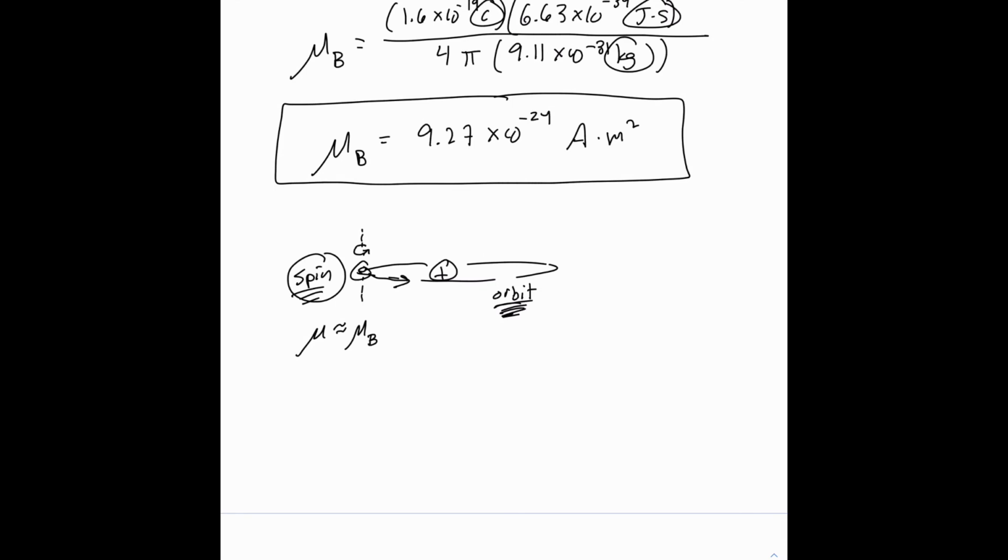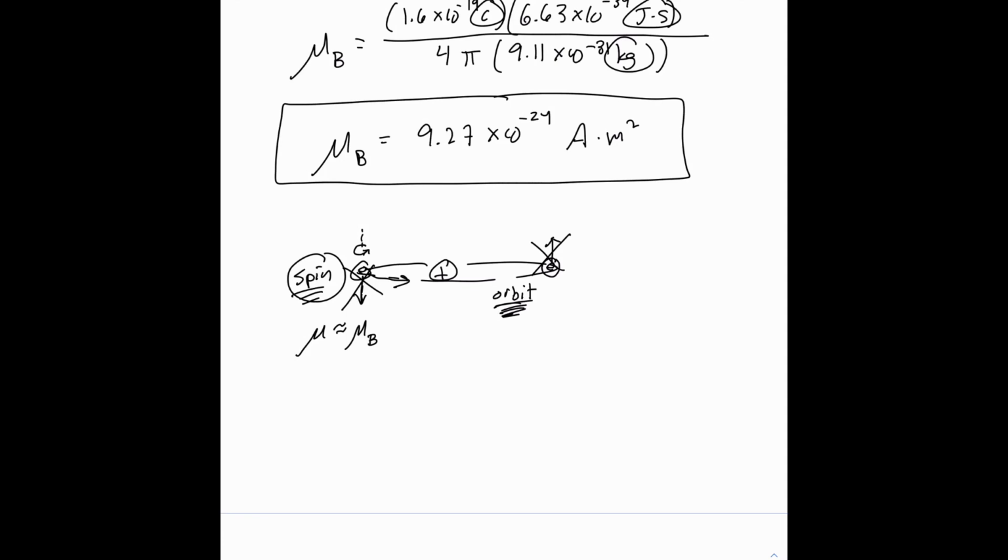However, you know this, that electrons, as they start to fill up shells in other atoms besides hydrogen, now they pair up, and an electron that has spin down will pair up with another electron that has spin up, and so the net effect is that there's no overall magnetic dipole moment due to the electron spin when electrons pair up.